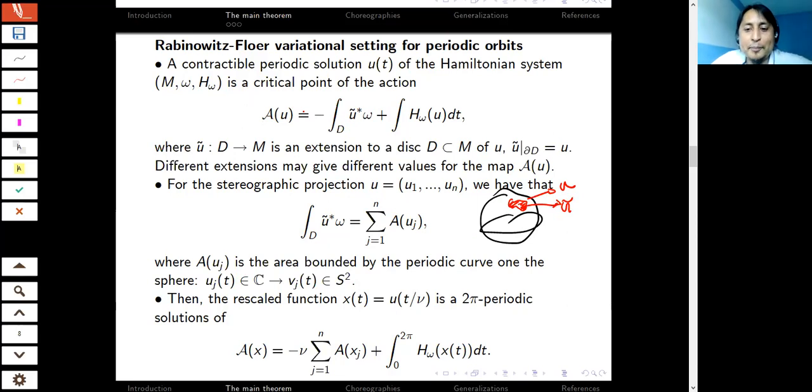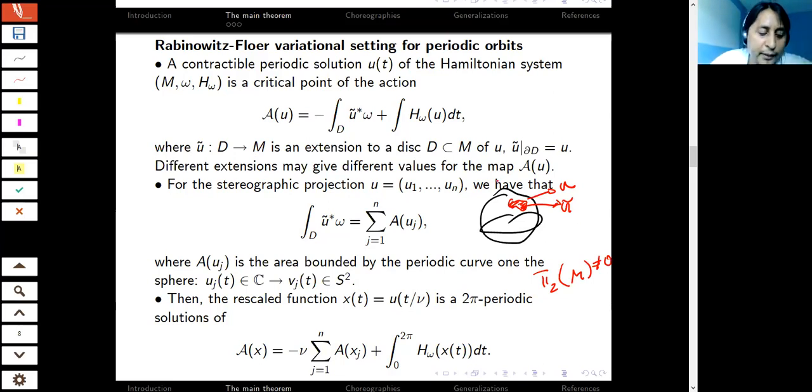There is a little problem, which is that the manifold M can have different extensions. The problem is that for manifolds M such that the second homotopy group is non-trivial, that means manifolds which are spherical, I can have different extensions.